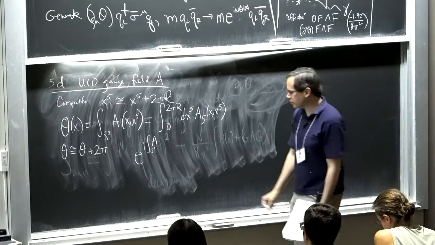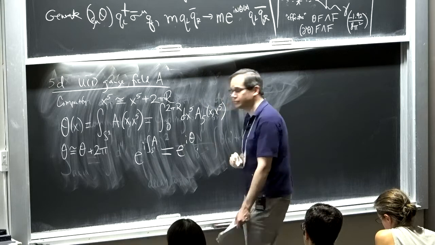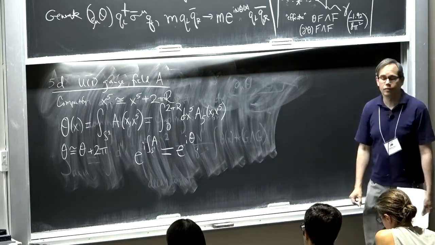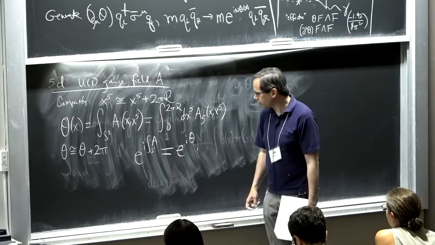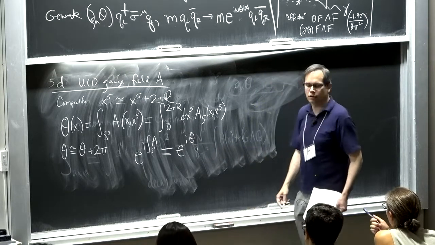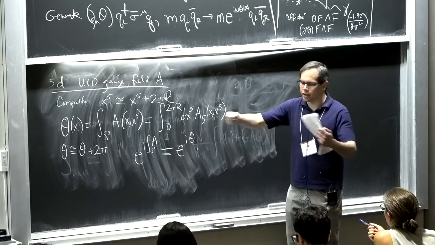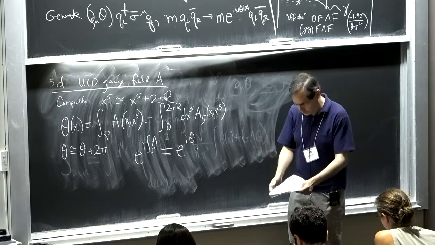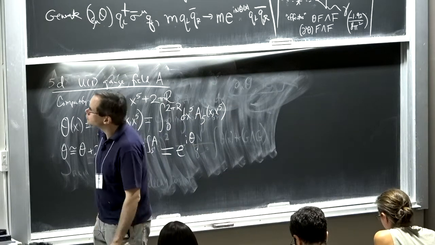And this becomes, in 4D, e to the i theta. So if e to the i theta is going to be well-defined, then theta should be periodic with period 2 pi. Yeah, R is the size of the extra dimensional circle. Okay. Good.